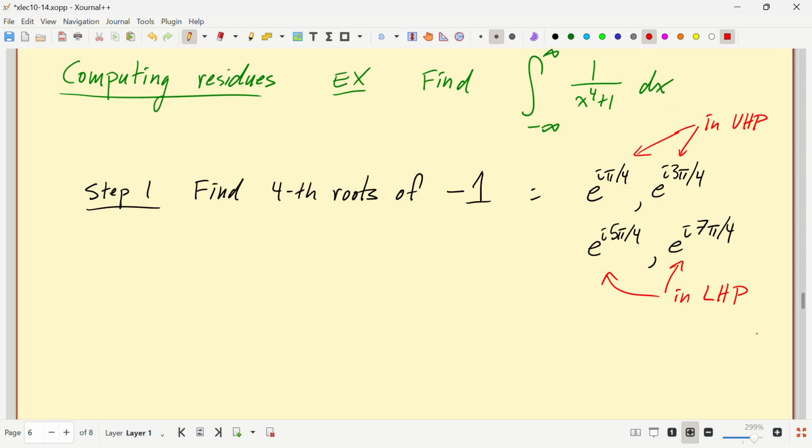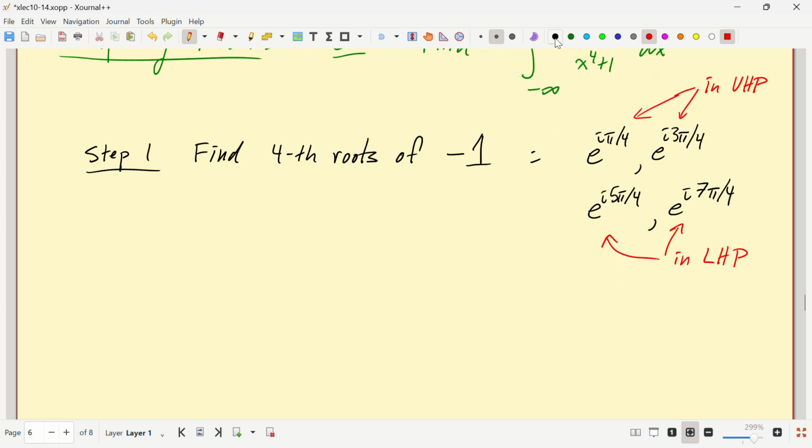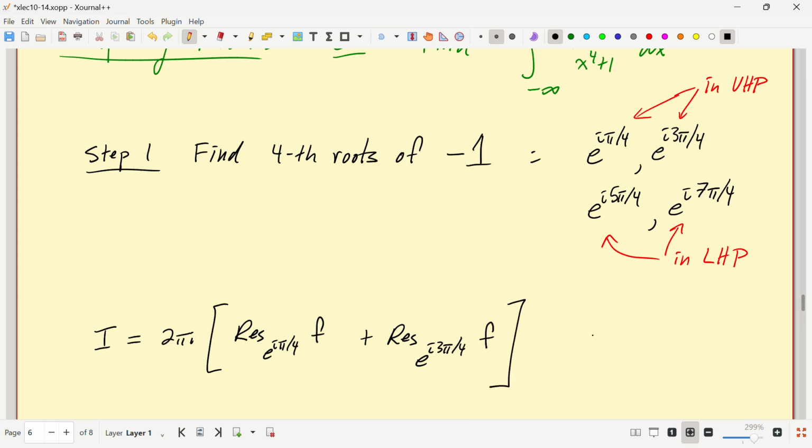And so then my integral, by the same calculation above, is going to be 2 pi i times the sum of the residues. So the residues, there are only going to be two: at e to the i pi over 4 of f, and the other one at e to the i 3 pi over 4 of f, where f of z is equal to 1 over z to the 4th plus 1.